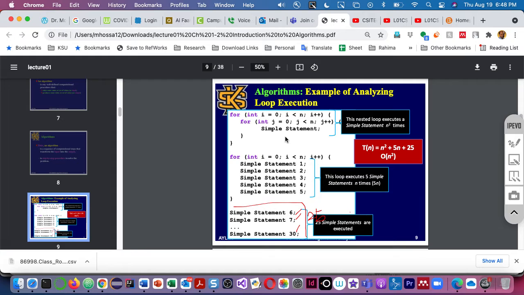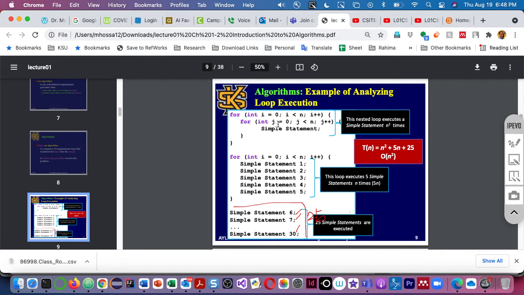So T is a function of time with respect to n, the independent variable. We don't know n yet. Here there is only one term. How many times does this execute? N squared times.